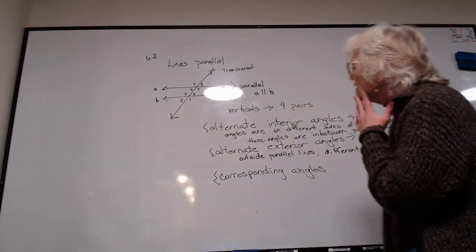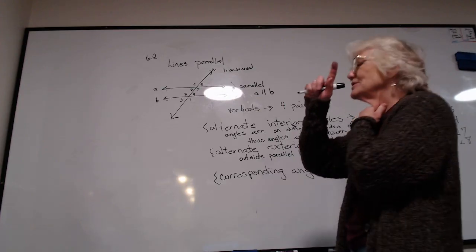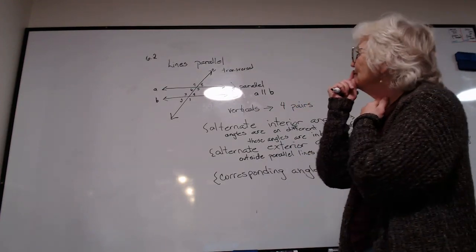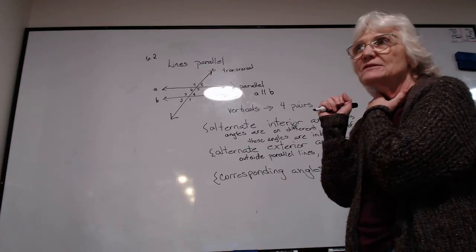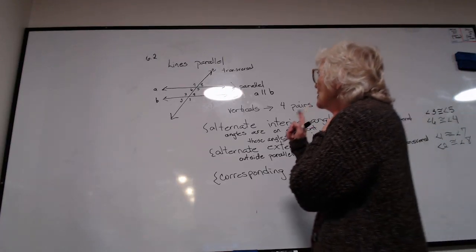Okay, so the last one is corresponding angles. This one is where you have one interior, one exterior. 1 and 3? No, those are vertical angles. So let's look at corresponding.